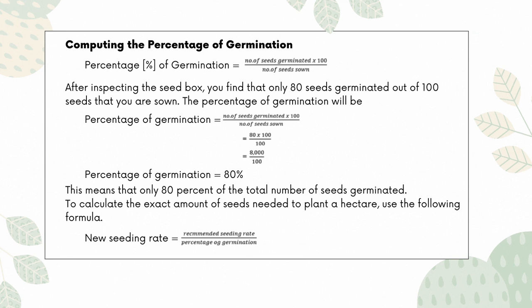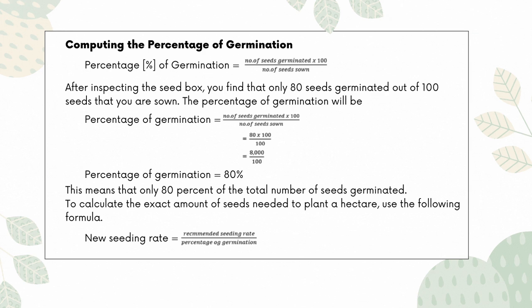So 80 times 100 over 100 equals 8,000 over 100. So if you divide it, the percentage of germination is equal to 80%. This means that only 80% of the total number of seeds germinated.